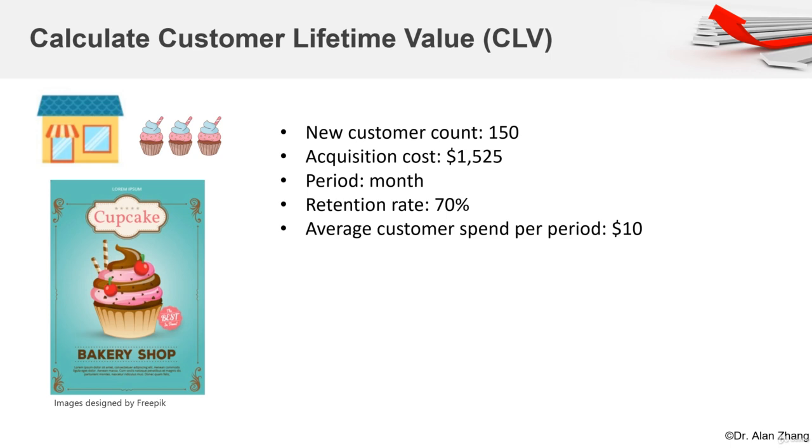Fourth, as I have discussed in previous videos, although different products have different margins, we can still calculate an average margin based on the average spend. In this case, I assume 50% gross margin, meaning that for every $1 of revenue, the cupcake store earns 50 cents.